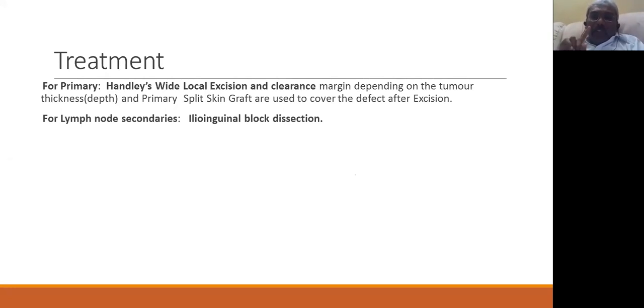Primarily, the disease load drives the type of biopsy you are going to do. Assuming you can give skin cover with a split skin graft or a full thickness myocutaneous flap, or assuming you have a 4 centimeter lesion, you are going to knock off 1 or 2 centimeters all around.